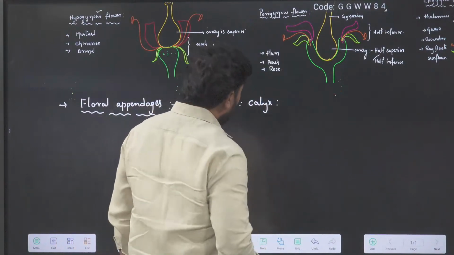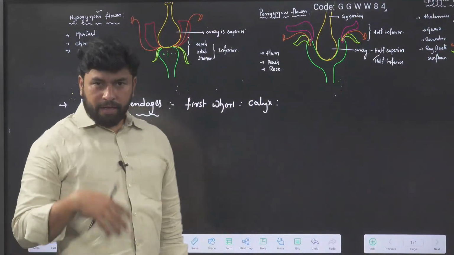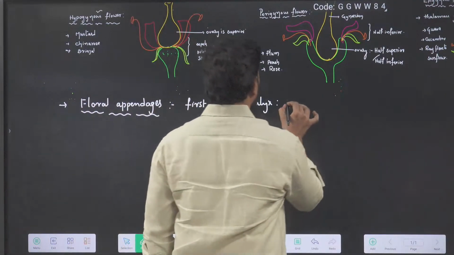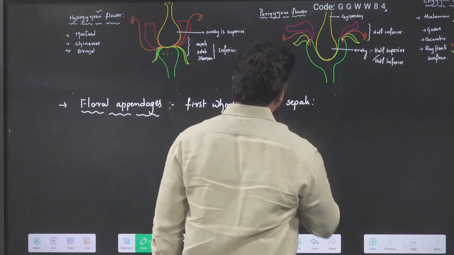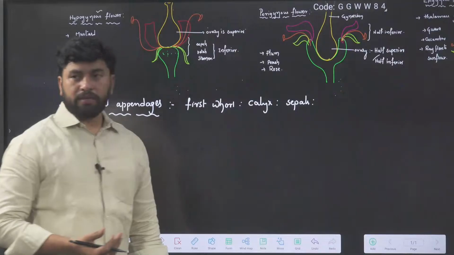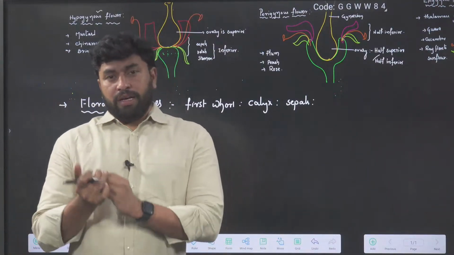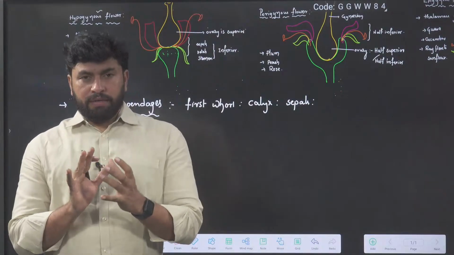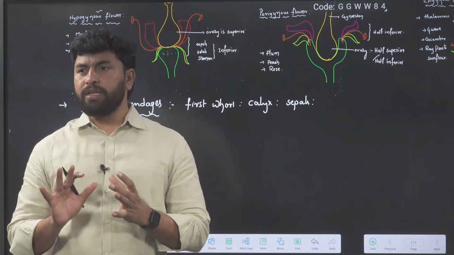What do you mean by calyx? The ring name is calyx. In the ring, we have individual members, we call them sepals. Okay? Tell me what are the properties of sepals? Usually green. They protect the flower when it is in bud condition. When the flower gets pollinated, usually they fall down.